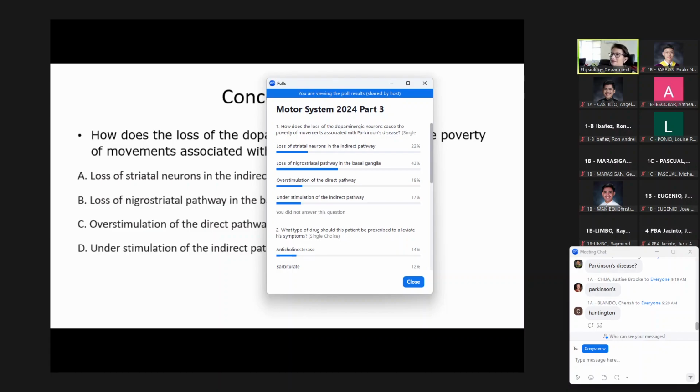Right? But the best answer is loss of nigrostriatal pathway in the basal ganglia, as what we have just discussed. So through your substantia nigra, due to the decrease in dopamine, there will be loss of the nigrostriatal pathway.